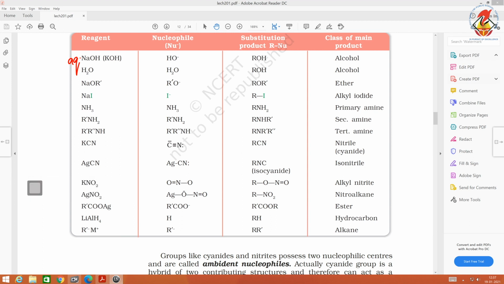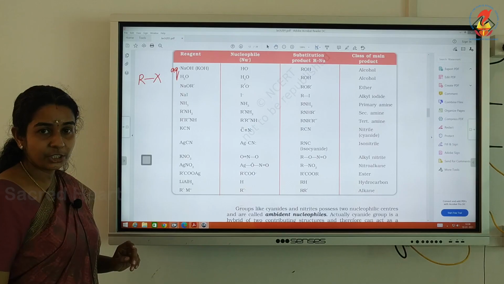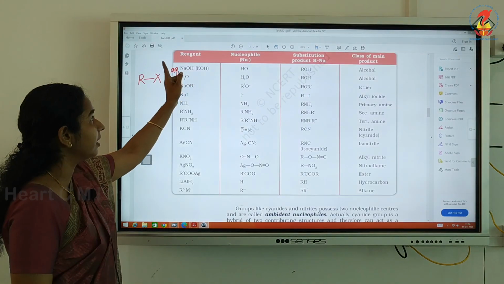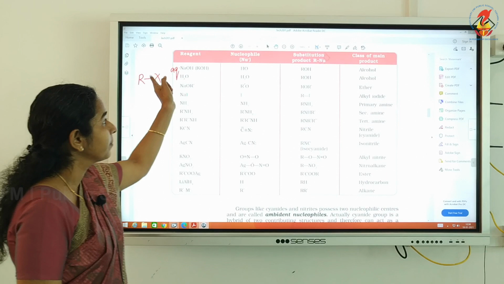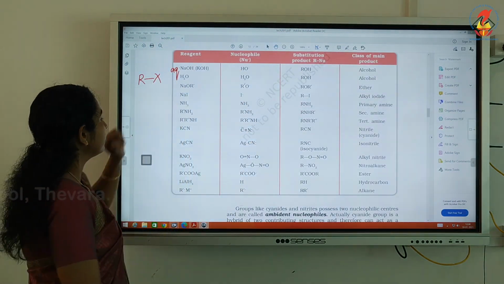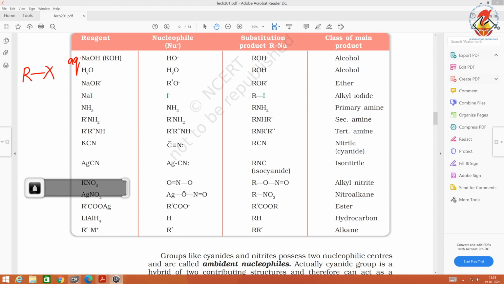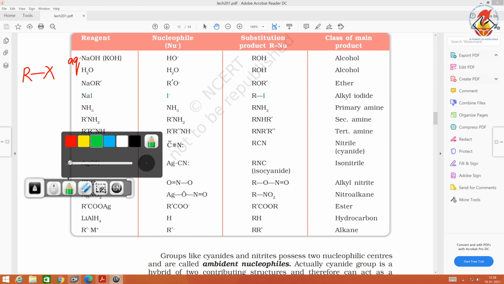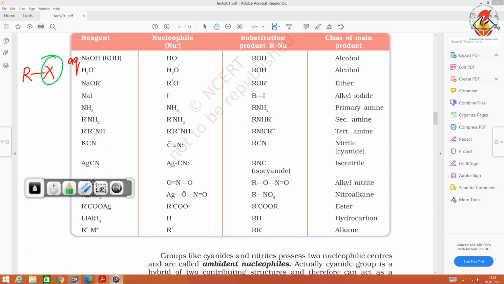This is how we should study: when RX reacts with aqueous NaOH or KOH, what happens? RX becomes ROH. In the first example, the X is replaced by OH.